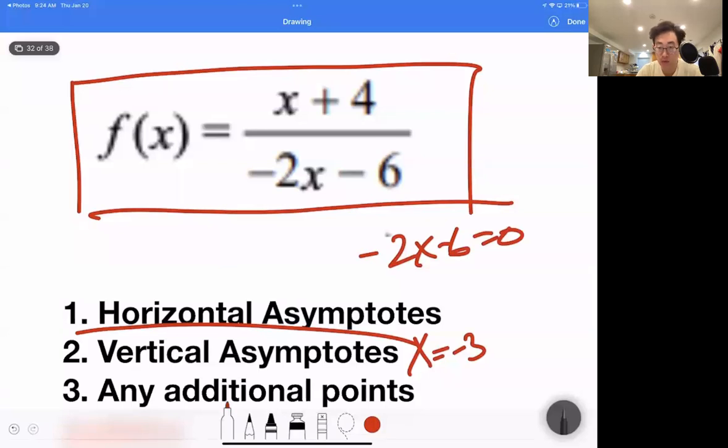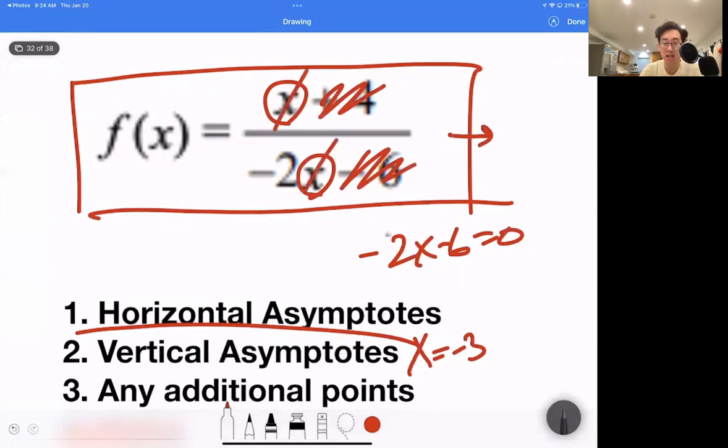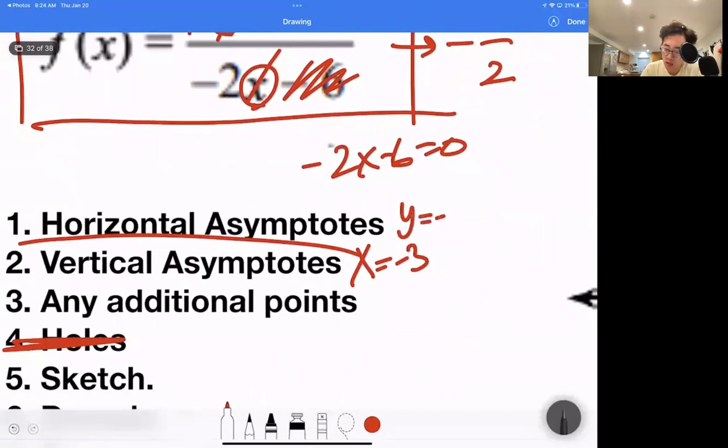So if you plug in x as infinity here and here, that means that the +4 and the -6 are so small and minuscule that they're disregardable, if that's ever a word. So x over -2x simply means I can just cancel those out and take the ratio of the two. There's technically a 1 in the front, so it's 1 over -2. So the horizontal asymptote will happen at y equals -1/2, like this.